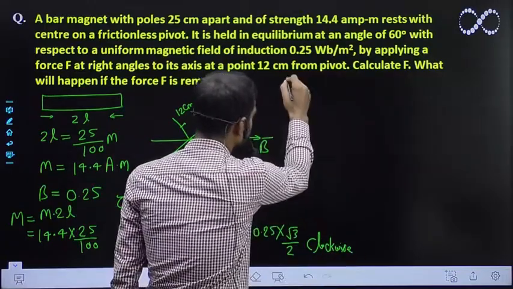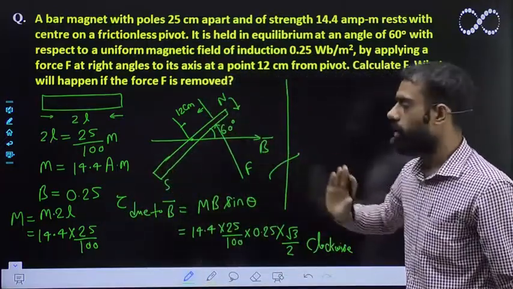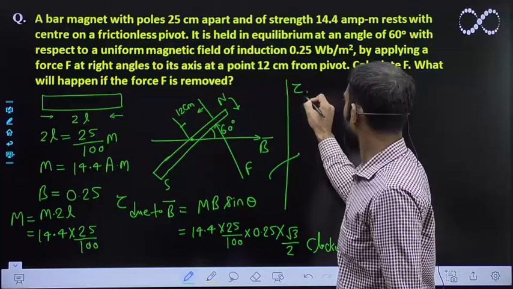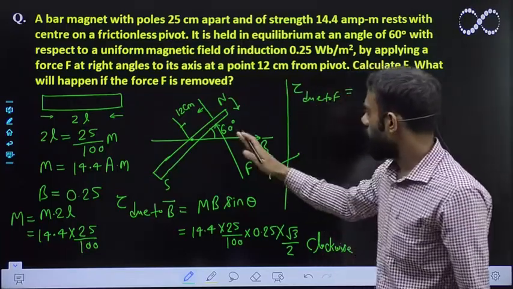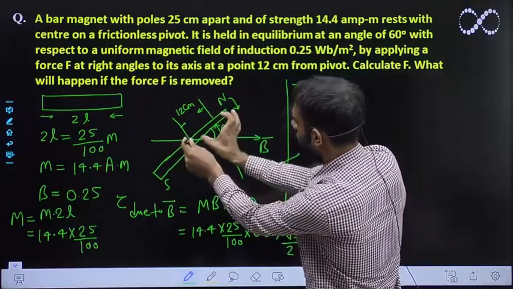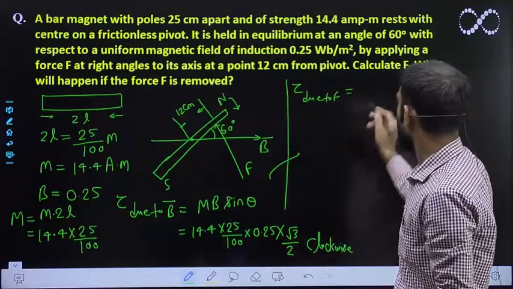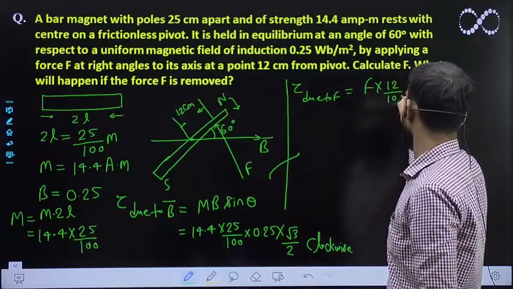Now let us calculate the torque due to the force F. This is the axis and this is the force, and the distance is 12 centimeter. So the torque will be nothing but F into 12 upon 100, taking everything in the SI system.